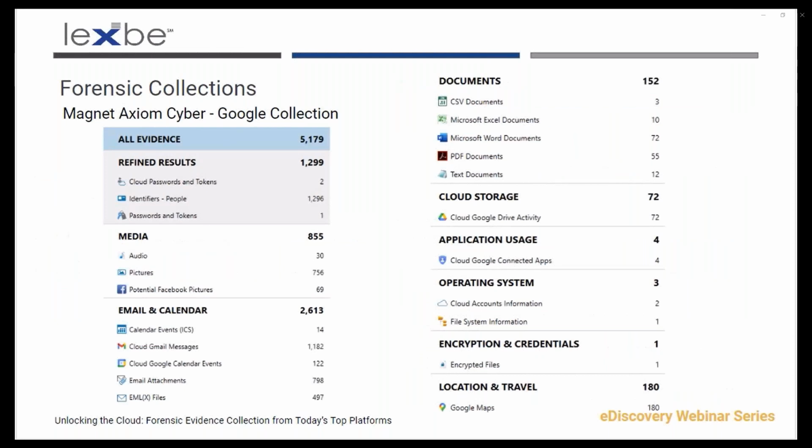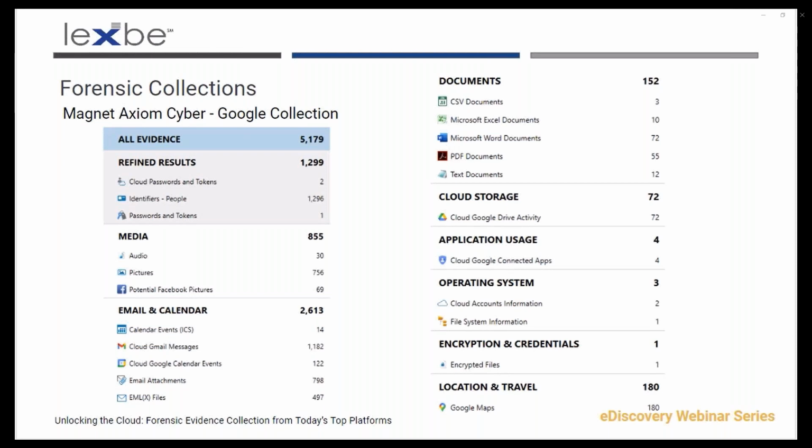I did an example where I pulled my own Google account and basically selected as much as humanly possible. And here's what I would see on my end and the type of data we would be able to analyze. So on the left, you'll be able to see there were a total of 5,179 items that were pulled from my account.